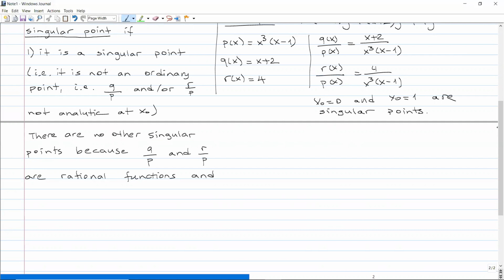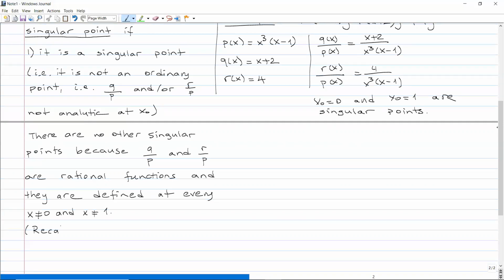And they are defined at every x different from 0 and different from 1.